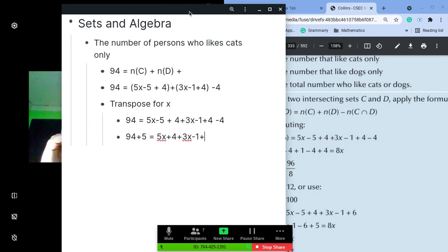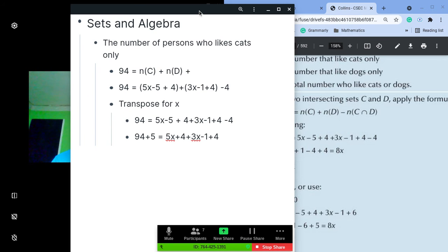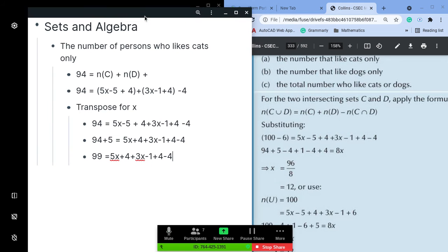Alright, let's put it back still. Plus 4 minus 4. Let's simplify this. We have 99 is equal to 5x plus 4 plus 3x minus 1 plus 4 minus 4.